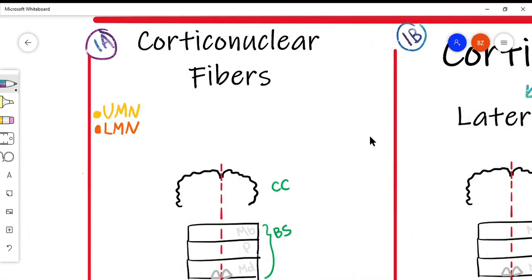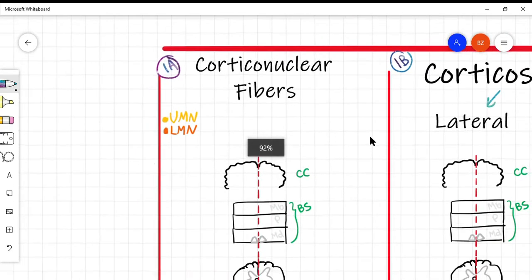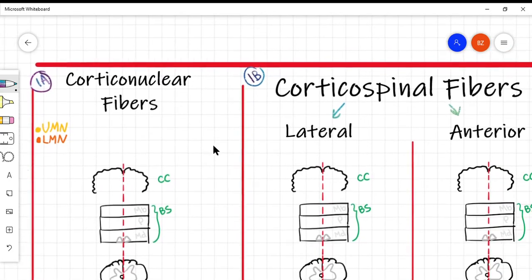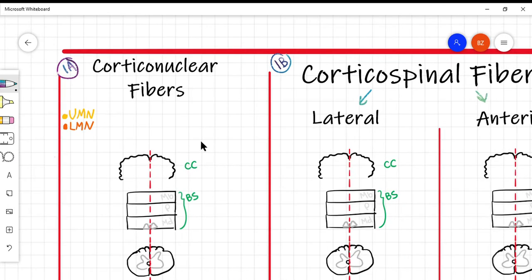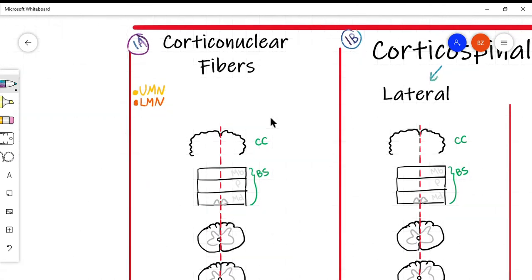Now, one thing we notice from the three types, they all start with cortico, all right? Which means that the first order neuron, or the upper motor neuron, is starting from the cerebral cortex. So all pyramidal fibers, all pyramidal tracts start from the cerebral cortex.